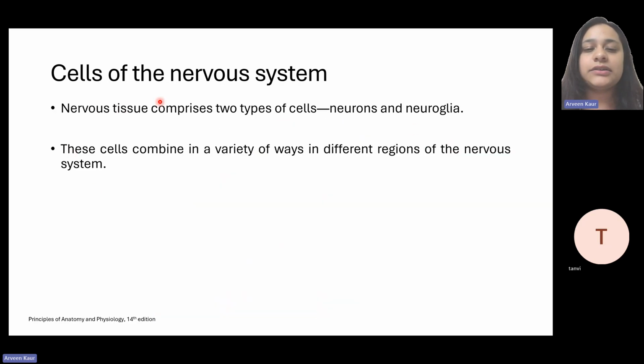Yeah. So the nervous tissue basically comprises two types of cells. One are the neurons, the other are the glia, right? So these cells combine in a variety of ways in different regions of the nervous system, right? There are some places wherein maybe there will be an excess of astrocytes along with neurons.